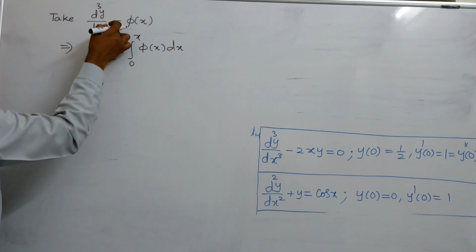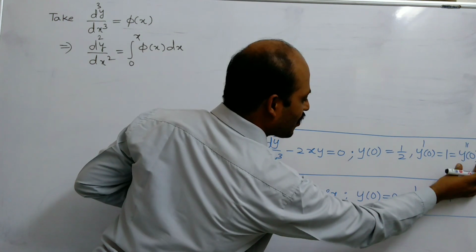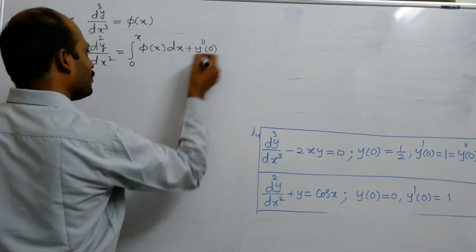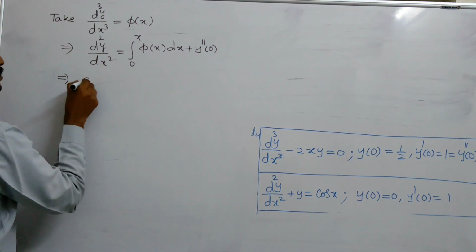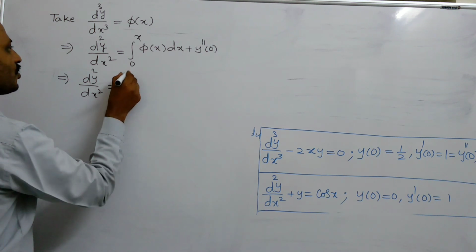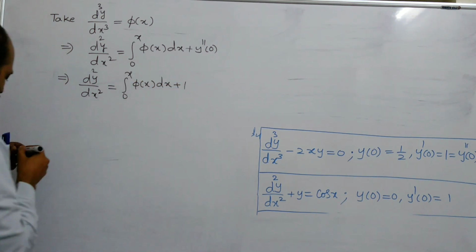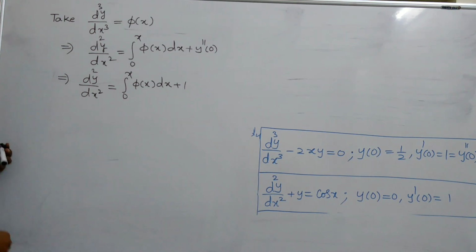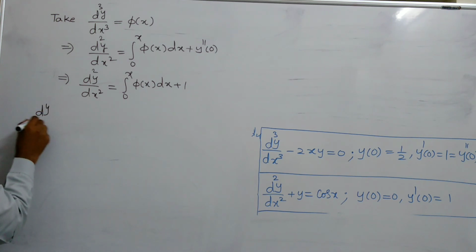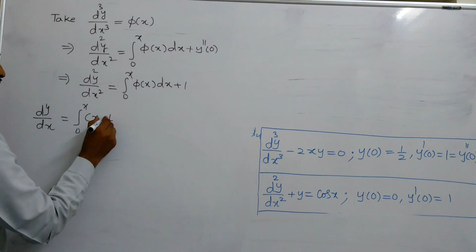D cube y by dx cube reduced to second order term, so you can use this second derivative constant y double dash of 0, which implies d square y by dx square is equal to integral 0 to x phi of x dx plus 1. Integrate this term again. dy by dx is equal to integral 0 to x minus t.